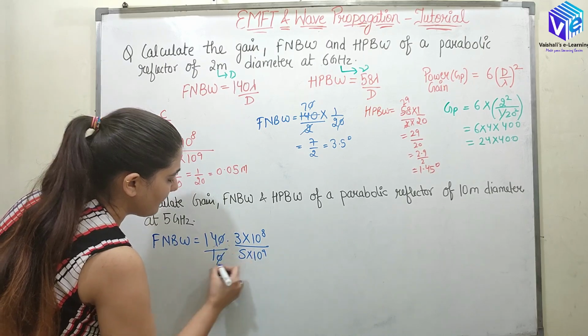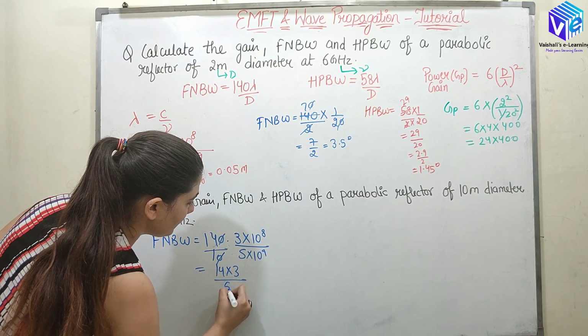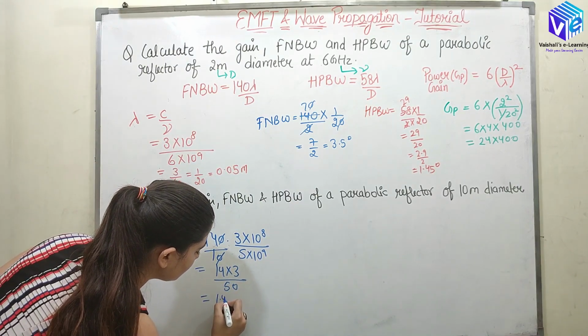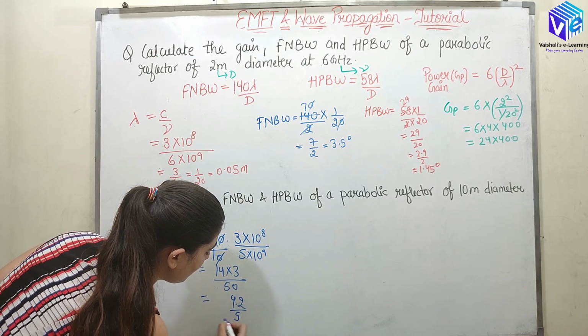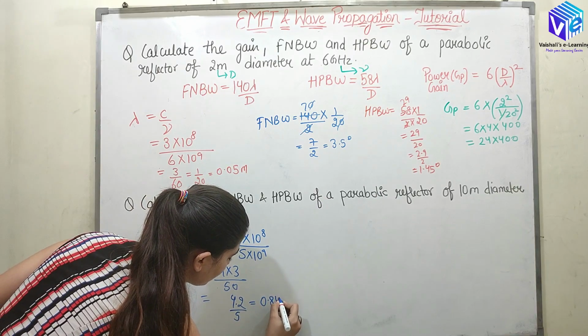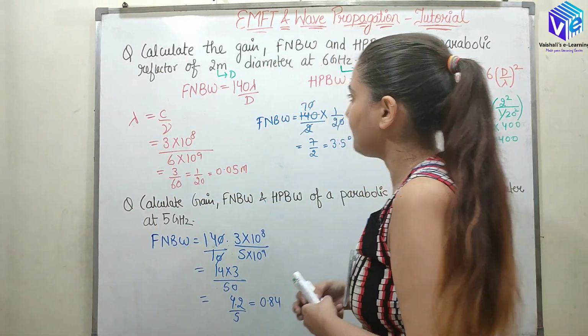So here we'll have 14 into 3 upon 50, which will be equal to 4.2 upon 5, which equals 0.84. This is how I can calculate the first null beam width.